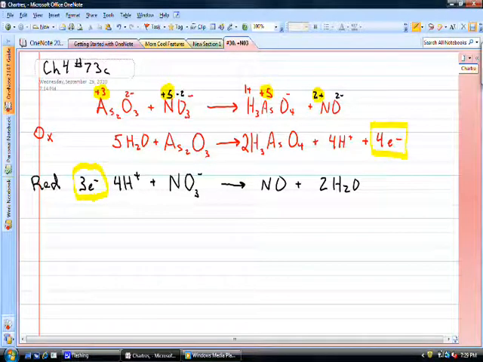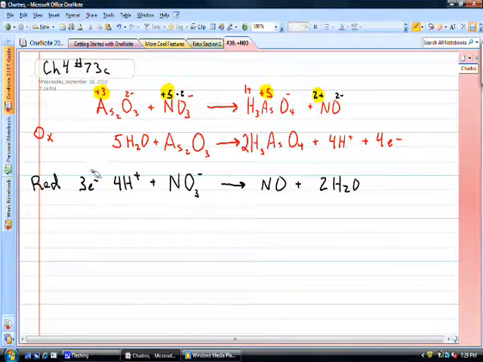So we have to multiply. The next step tells us we have to multiply each of these half reactions by an integer, usually a small whole number integer, so that we equalize the number of electrons transferred.